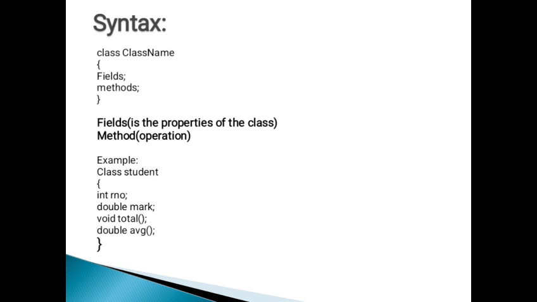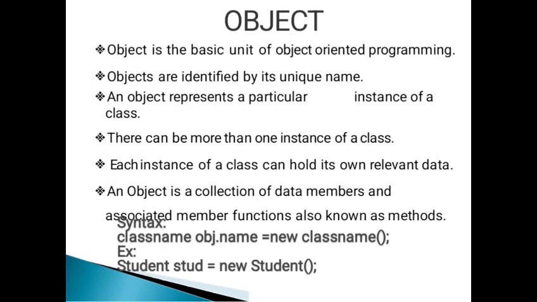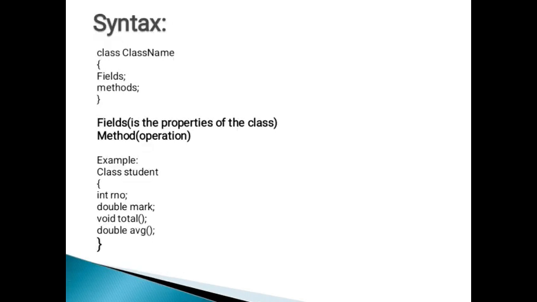This is the syntax of a class: class, class name, and fields, methods. Fields are the properties of the class. Methods are operations. The class name should always start with uppercase. The first letter of every inner word should be uppercase only.